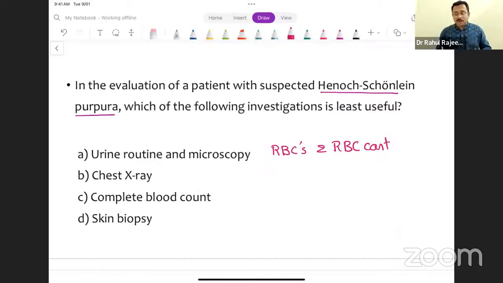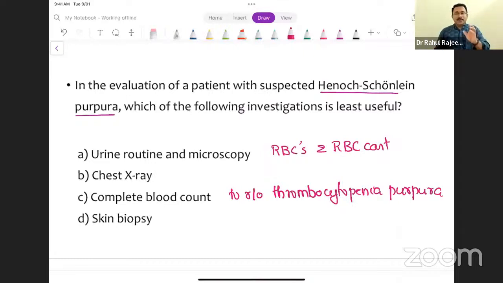It is important for assessing the platelet count because you have to rule out other differentials of thrombocytopenic purpura, for example, TTP. So in the evaluation of patients with HSP, it is important to do the CBC to rule out thrombocytopenic purpura. In HSP, you're not going to expect thrombocytopenia.